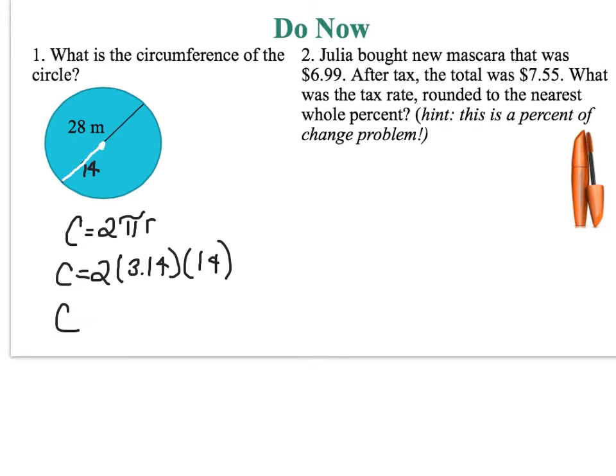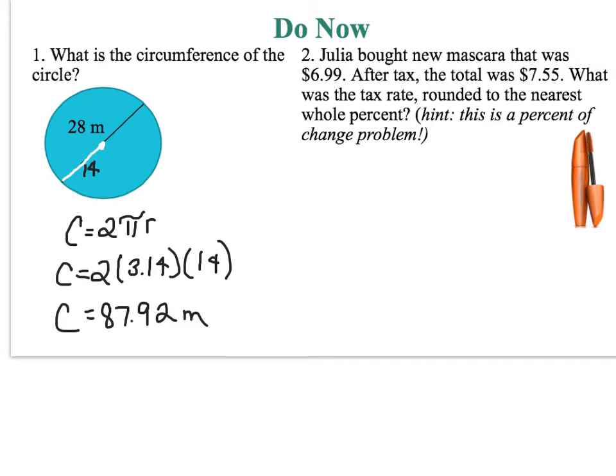From here, I just multiply straight across, so 2 times 3.14 times 14 is going to give me a circumference of 87.92 meters. Remember to pause the video at any time if you need to fix any of your answers.